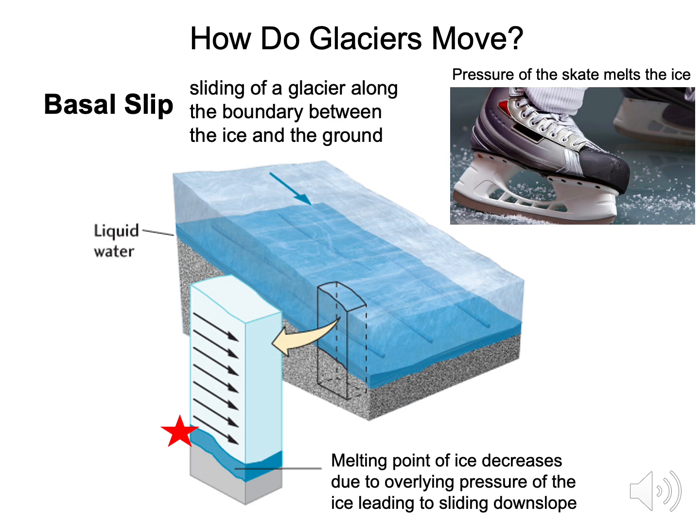So this works with a glacier as well, where this overriding pressure by the glacier melts a small layer of ice, and as a result, occasionally the glacier can move really quickly in an abrupt surge forward on this melted layer. So when it slips forward very quickly and moves a farther distance, this is known as basal slip.